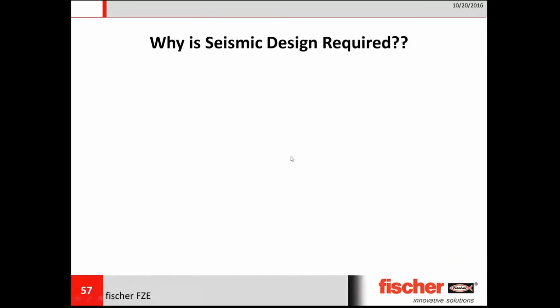So why is seismic design required? Do you think it is important to do seismic design of structural and non-structural components? What is the importance of this design? The first important parameter why we should consider a seismic design is that it is a protection for human life.